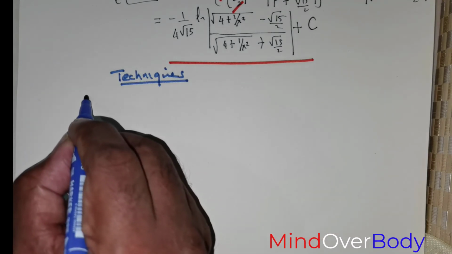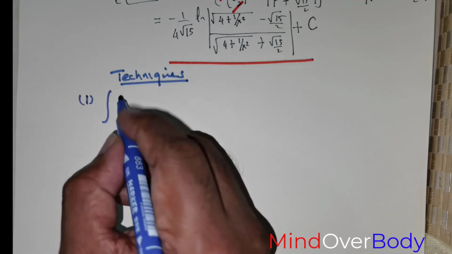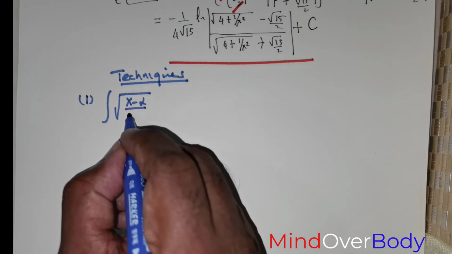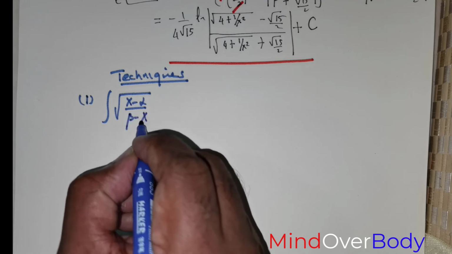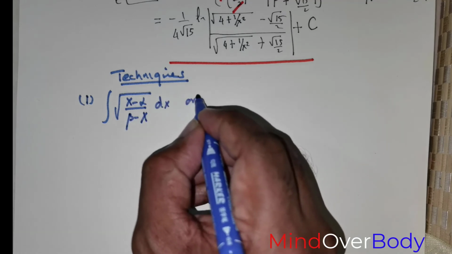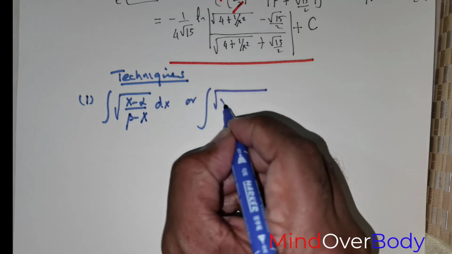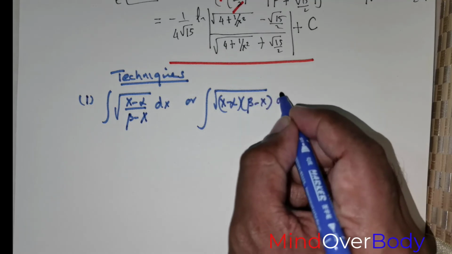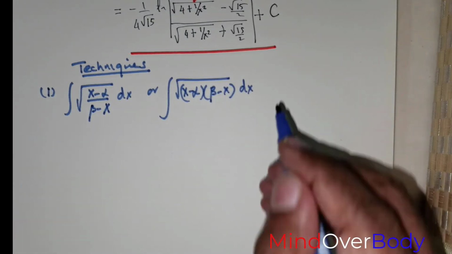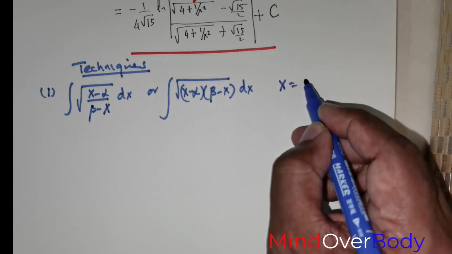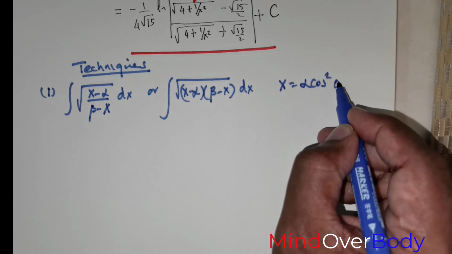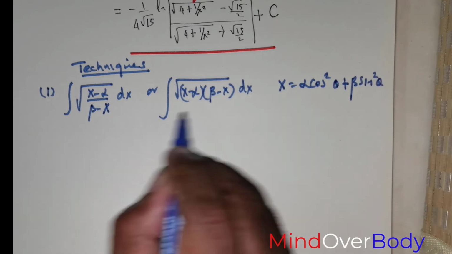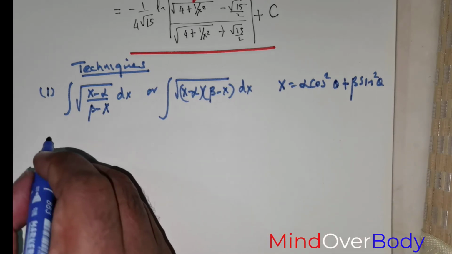Now suppose you are given to integrate integral square root of (x minus alpha) over (beta minus x) times dx, or integral root of (x minus alpha) times (beta minus x) times dx, then you will have to make the substitution x is equal to alpha times cos squared theta plus beta times sine squared theta. We will look into the problems related to these types.